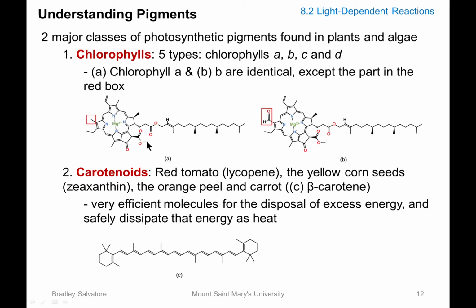They are essentially identical, except for this part in the box right here. So you see that they are essentially the same molecule.